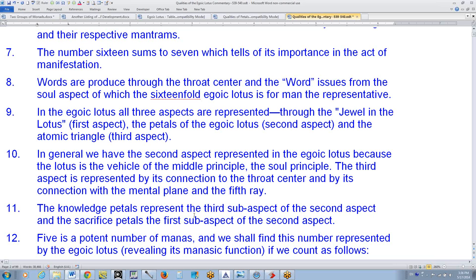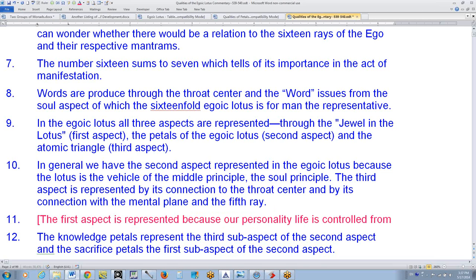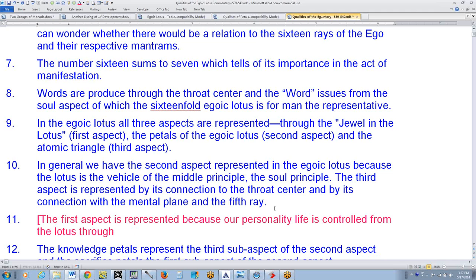Maybe we could say the first aspect is represented because it's in charge. It's the vehicle for the solar angel. First aspect is represented because our personality life is controlled from the lotus through which the solar angel slash angel of the presence works.